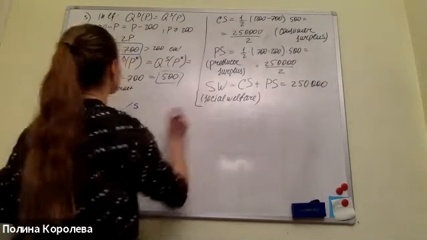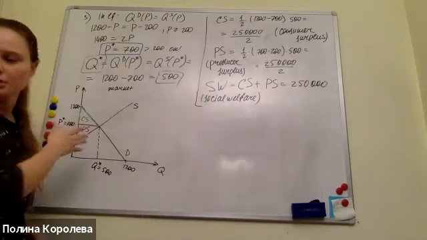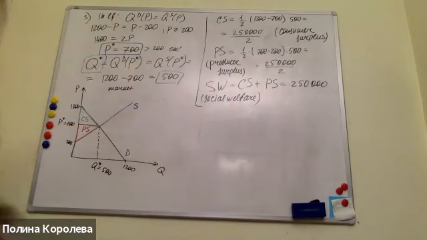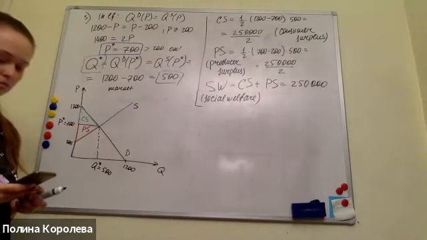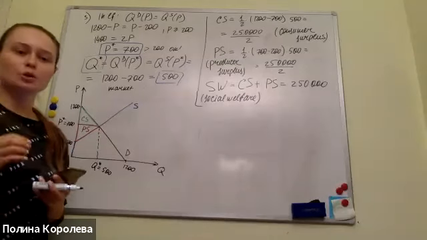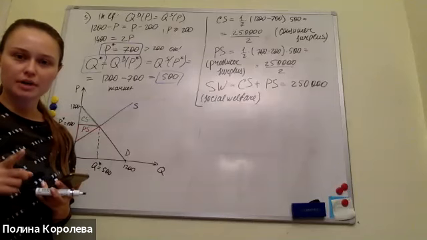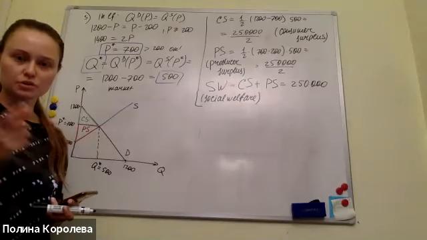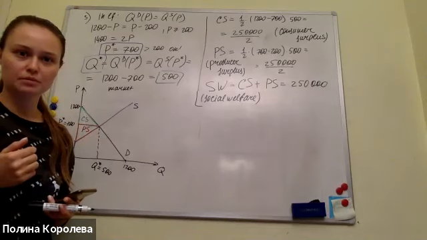Then, next part. Please, questions about this? Okay. So social welfare is basically the gain that both the consumers and the sellers get, all economic agents that are presented in the market. If there is a government, we should also sum up the government surplus. Can there be examples where the consumers win, the sellers win, and the government wins?